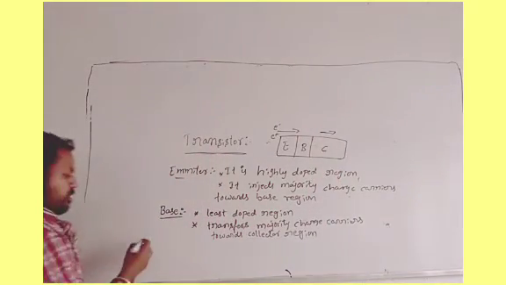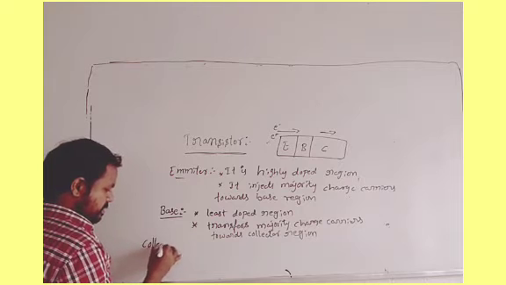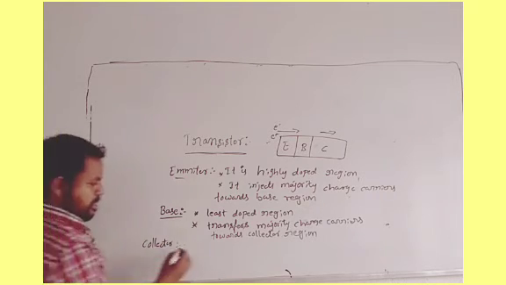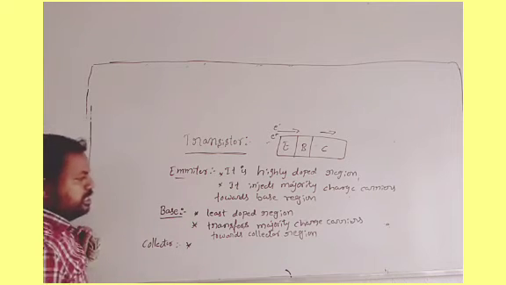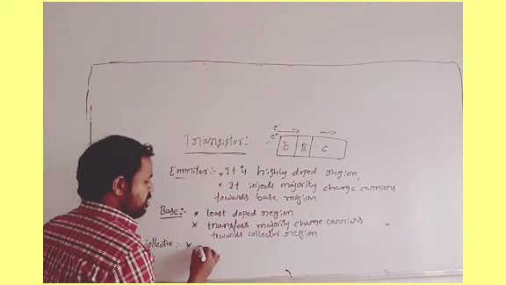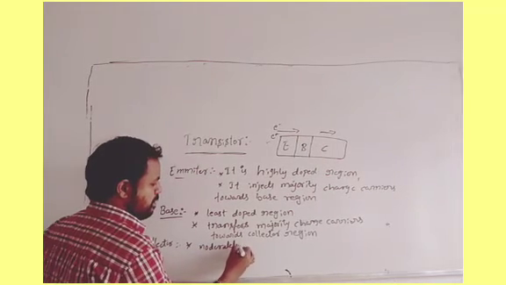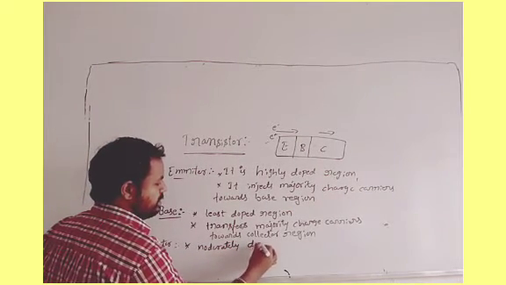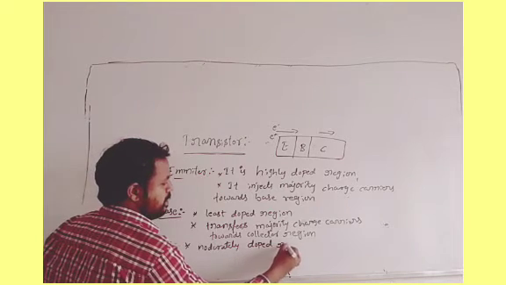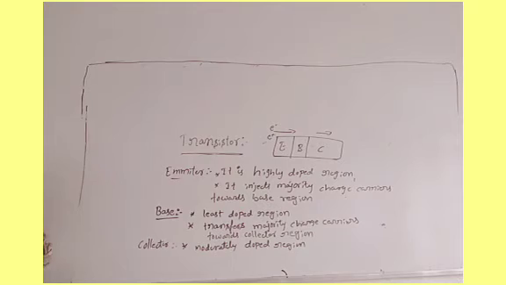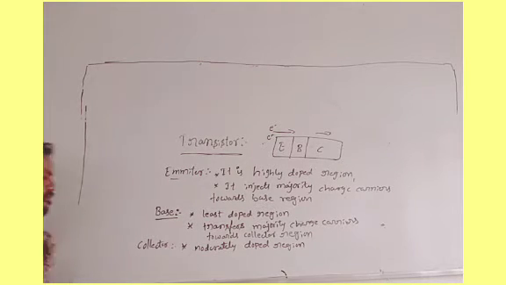Then what about the collector? We can call it a moderately doped region. The collector is a moderately doped region.